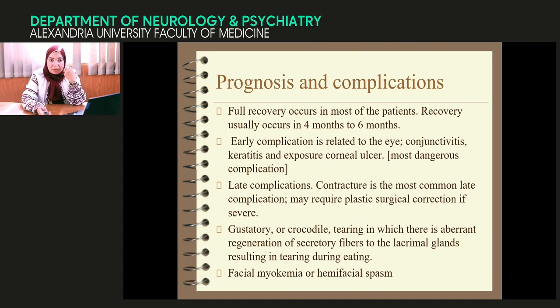When the patient is chewing or eating, tears come from the eye, because when re-innervation occurs, there is regeneration of the secretory fibers associated with mastication. So when the patient masticates or eats, lacrimation occurs. Also, one of the complications is facial myokymia or hemifacial spasm. The patient has muscle twitches like that, which is a complication of the facial nerve.